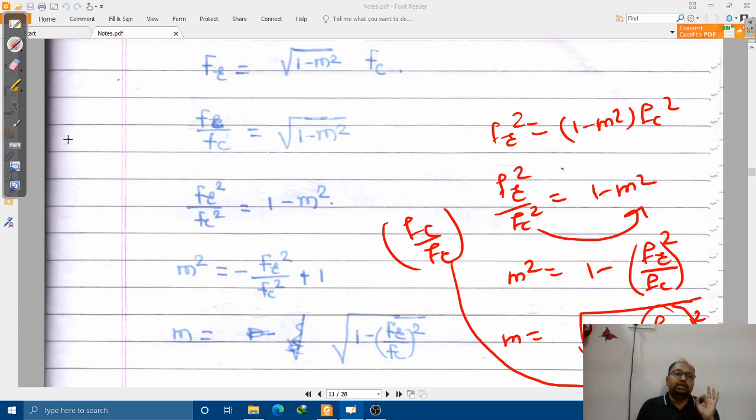You can remember the M formula for the low pass filter, and for the M-derived high pass filter, only the fc and fr positions have been inverted. That is nothing but the reciprocal of the same frequencies, you have to take the reciprocal of those frequencies.